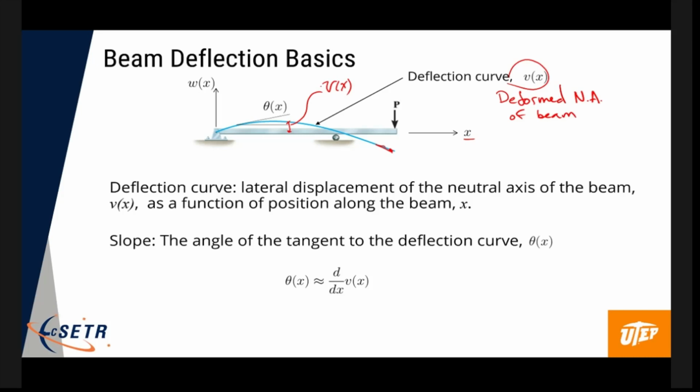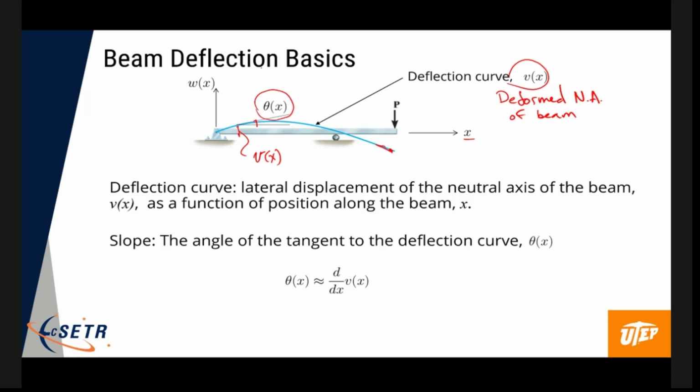That's the deflection. We're also going to be worried about the angle change. Here's v of x, and at the same point we have the slope. So we might also be concerned with the slope of the deflection curve at some point x, which is given by theta of x.